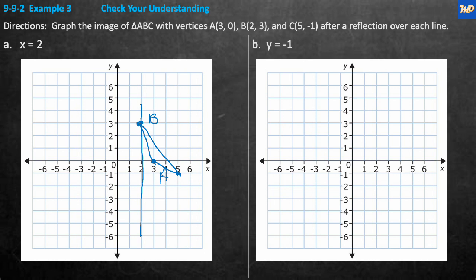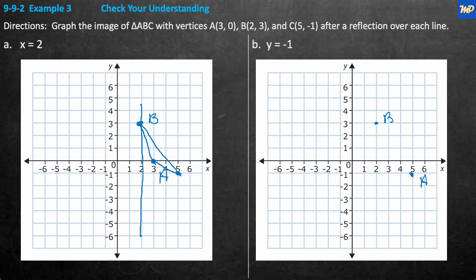So if I wanted to draw it, I could do 2 over here, and 1, 2, 3, 4, 5. Minus 1, 5, minus 1. So this one is B, and this is A. I'm just getting ahead of the game a little bit. And then C is 5, negative 1.